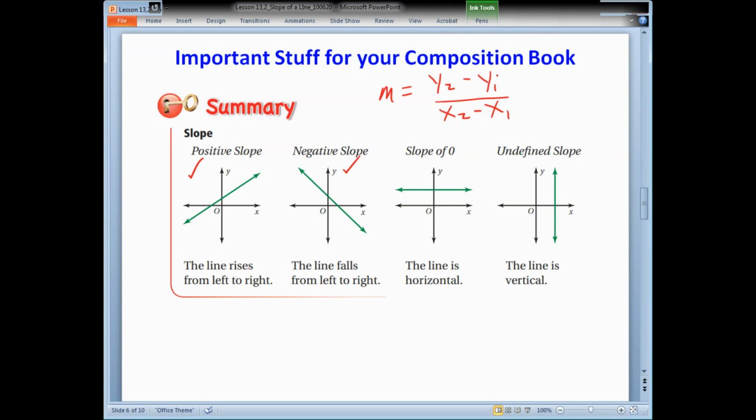A slope of 0 means that the numerator is 0. Okay, so y2 minus y1 is 0. And think about this on a horizontal line. Y is the same. So it doesn't matter if I'm at this point or at this point, the y coordinate is the same. So you'll get 0 in the numerator divided by whatever the change in x is.